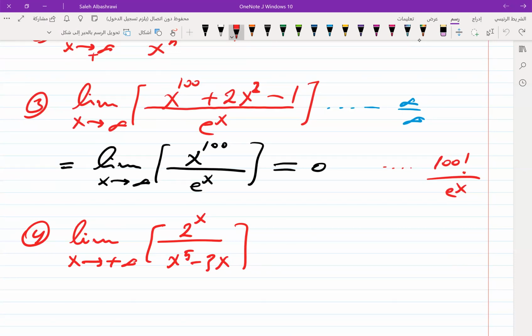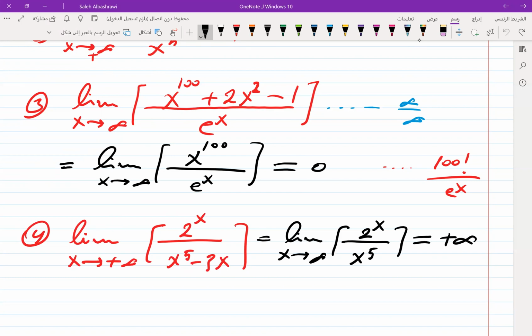This is the second part of that remark: if the exponential function is in the numerator and the polynomial is in the denominator, this can be written as just the limit of 2 to the power x divided by x to the power 5. Take the highest power, and this will give me plus infinity. The limit is equal to plus infinity.